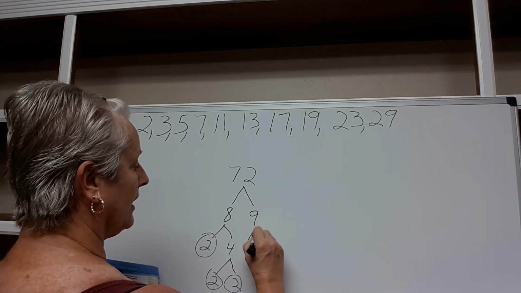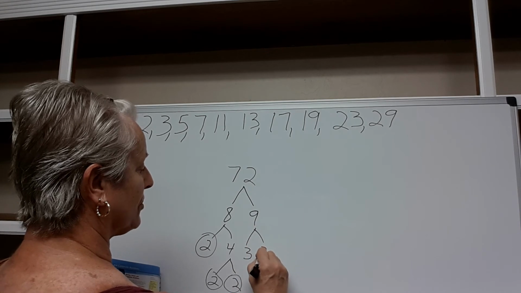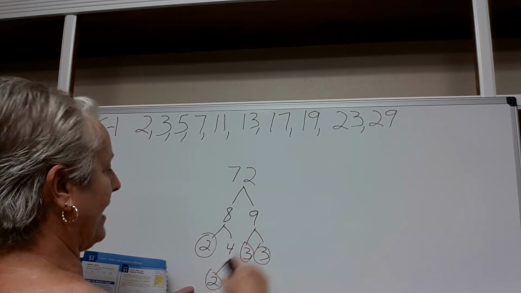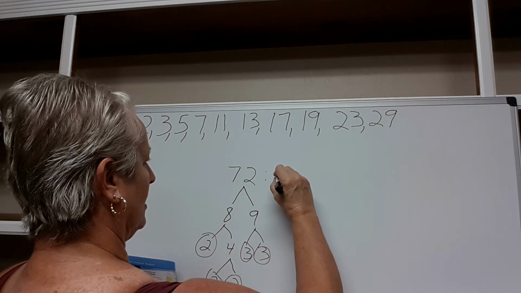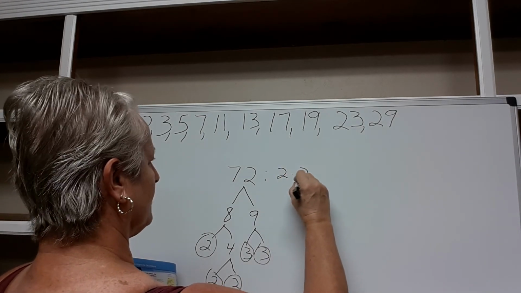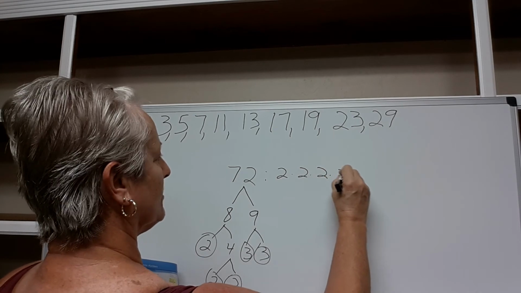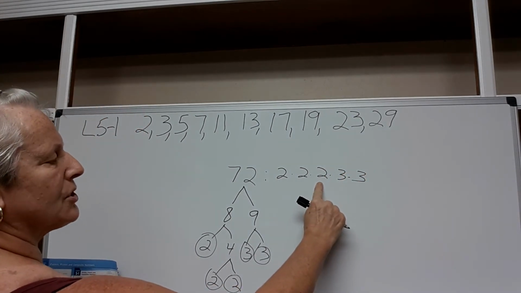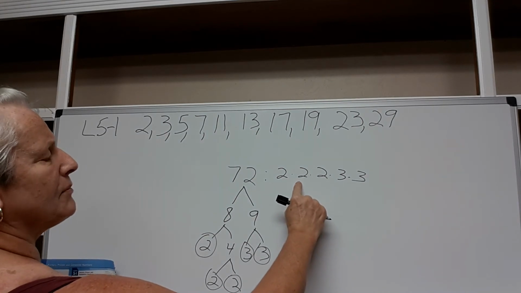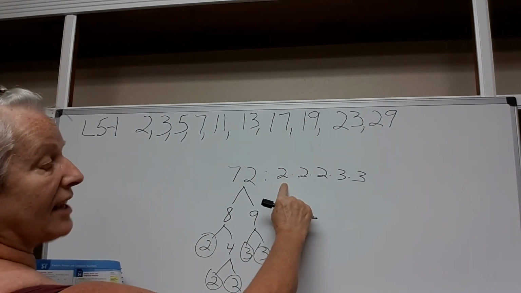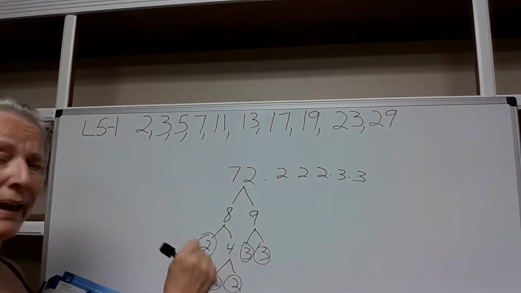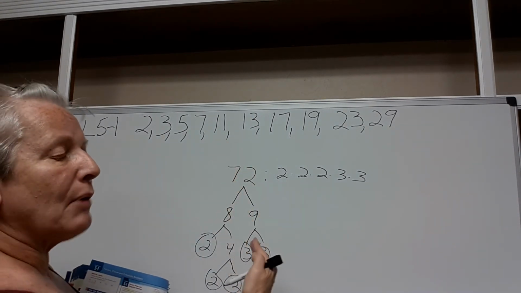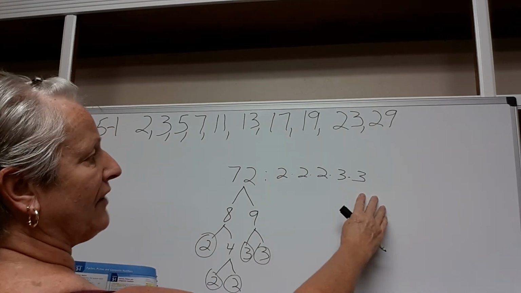Okay, 9 is 3 times 3. And those are prime. So to get 72, I have 2 times 2 times 2 times 3 times 3. 3 times 3 is 9, 9 times 2 is 18, 18 times 2 is 36, and 36 times 2 is 72. You may need some scratch paper to multiply that back. When we answer it, this would not be my final answer.